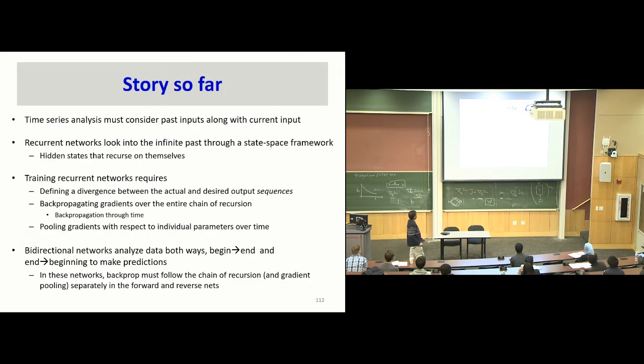So here's the story so far. What we've seen so far is that training recurrent neural networks requires defining a divergence between the actual and desired output sequences, which doesn't necessarily decompose into the sum of the divergences at individual times.